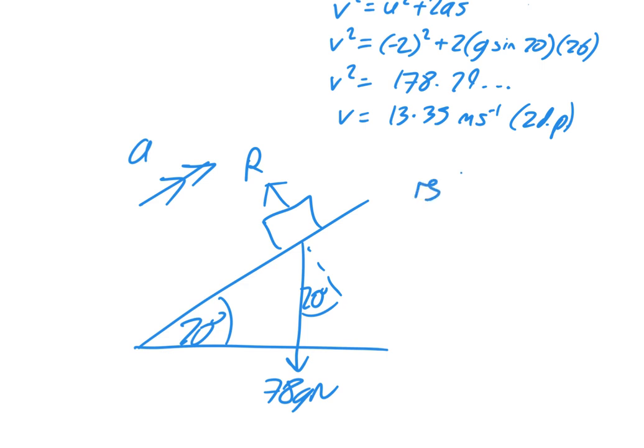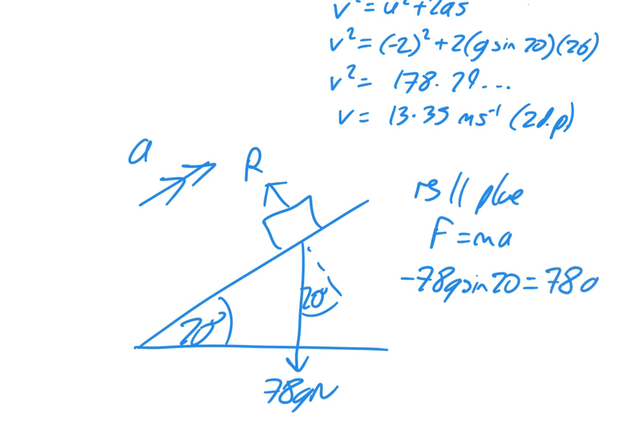I'm going to resolve parallel to the plane, and I'm going to use F equals ma. So same idea. Up the plane, it's minus 78g sine 20 is equal to my mass, which is 78 times a. And then this time you get your a is minus g sine 20.